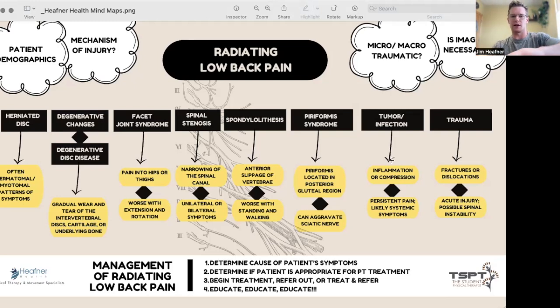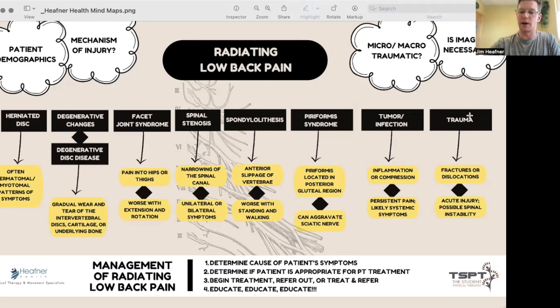With the things that are on the left-hand column of the mind map, we can usually change that with changing the movement and changing the position. With a tumor or infection, they're going to have persistent symptoms regardless of what position they're in. And that's where you need to start referring out or recommending imaging, something to get more information about what's driving or causing their symptoms.